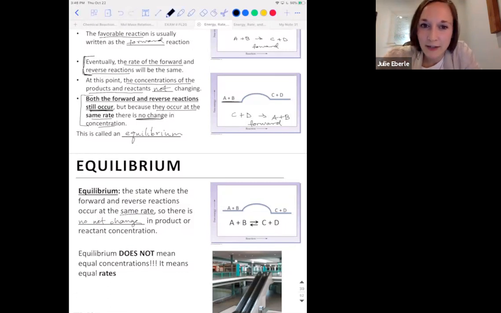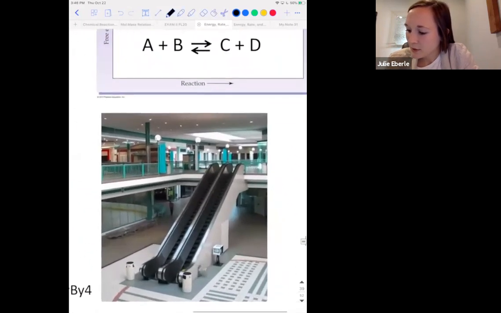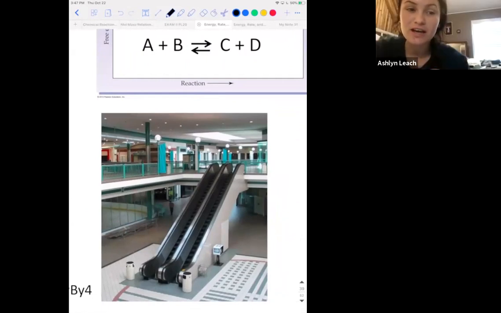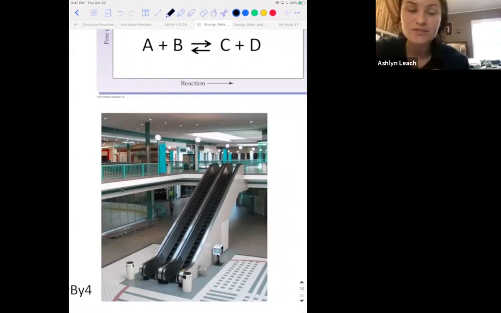Anyways, back to escalators and equilibrium. Let's look at this picture here. Guess what this is a picture of? It looks like it's a picture of a mall. I guarantee you in 20 years, I could show this picture to my grandchildren and they're going to be like, what is that? Anybody think malls are going to go out in 20, 30 years? I don't think they're going to be a thing anymore. Could be, because so many people shop online, but there's also a lot of people who like the atmosphere and like to go shop.